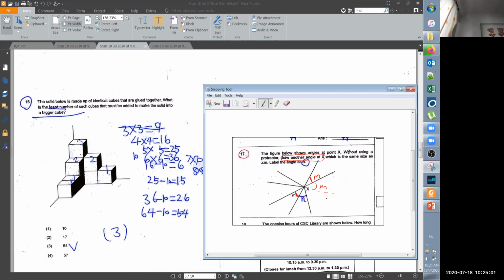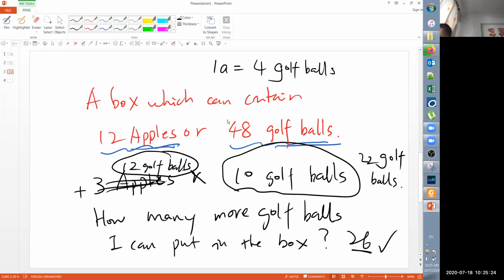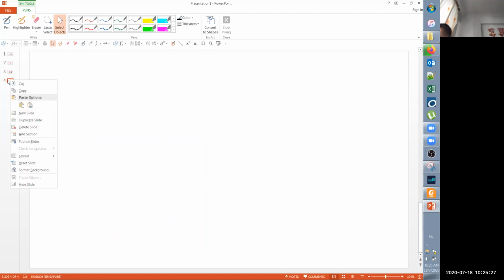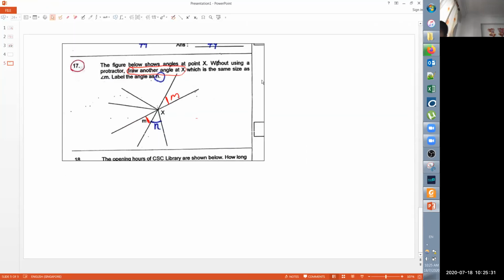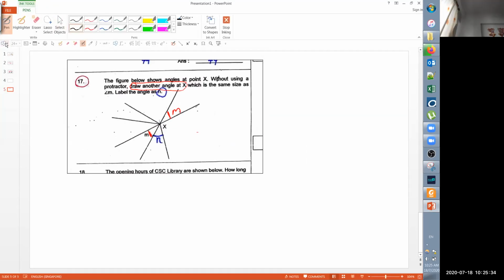I don't know. Okay. So this is your what? If you look at this, you can actually insert a few lines. I think it's better for me to bring this question to the PowerPoint so that I can draw a straight line. So first thing first, let me insert a straight line.